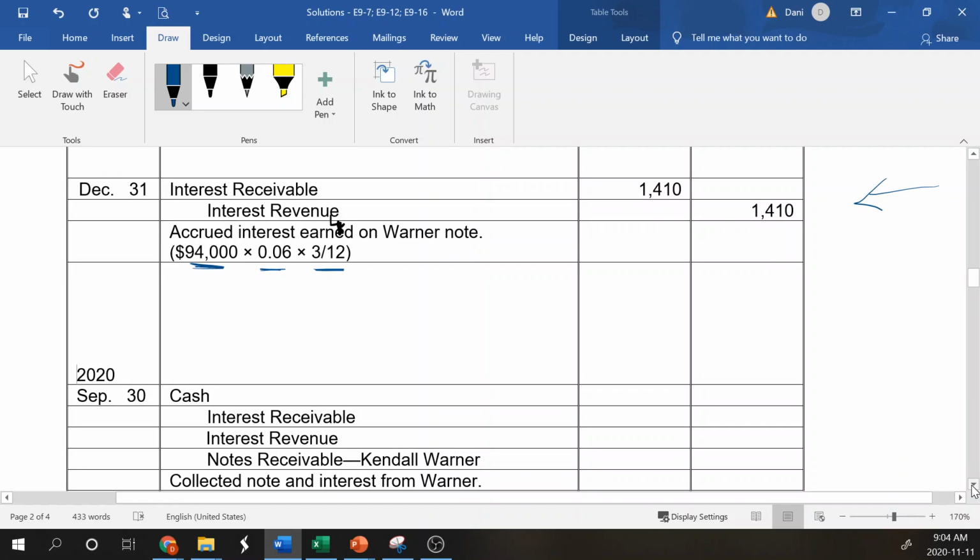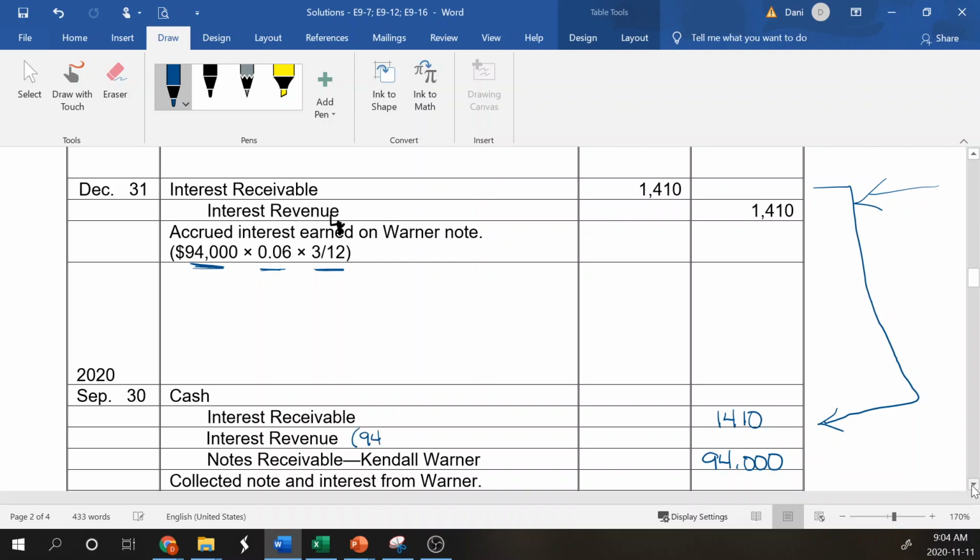So we can basically start by filling in what we know. We know that this interest receivable needs to be removed. So to do that, we will credit $1,410. The note receivable was our original amount that we set up. So we clear out the $94,000. But now we need to calculate the additional interest revenue.